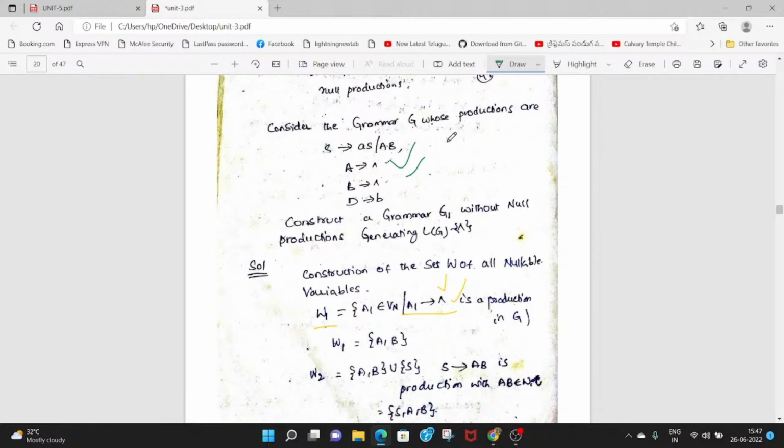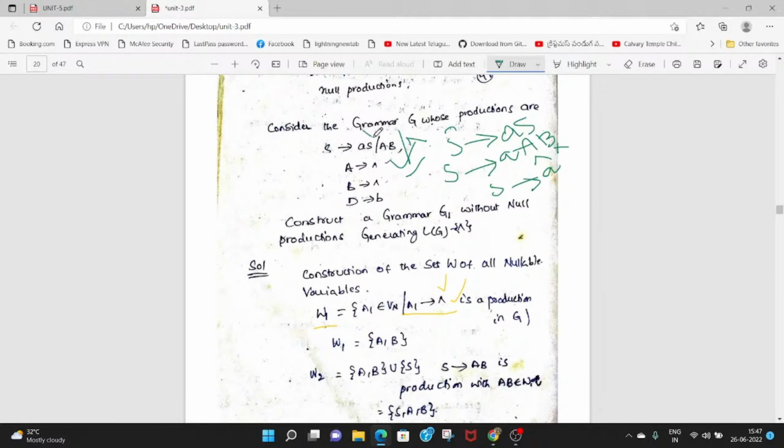If I start with small a and capital S, I can take S tends to small a, and in place of capital A I derive AB. A is going to derive null and B is also going to derive null, so what type of string is generated? It simply generates small a, or it simply generates null.